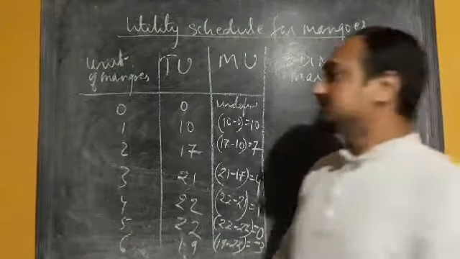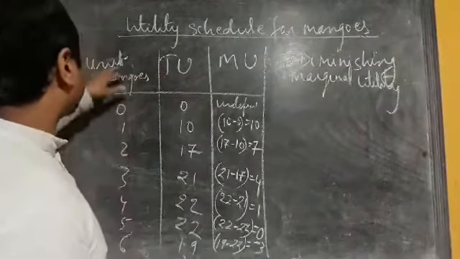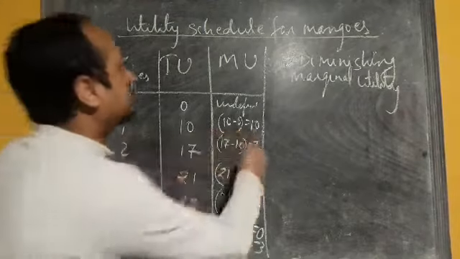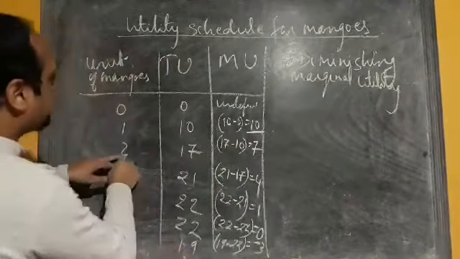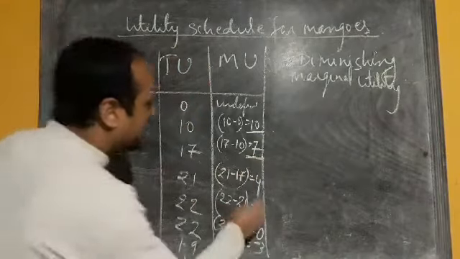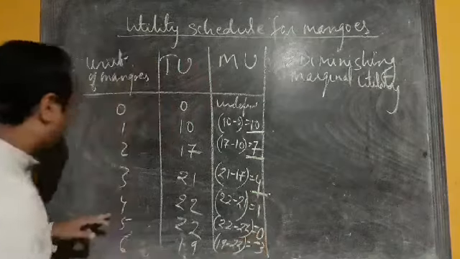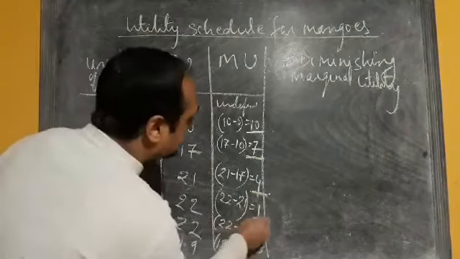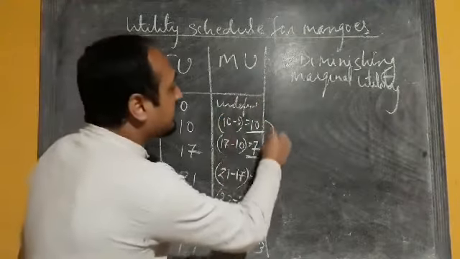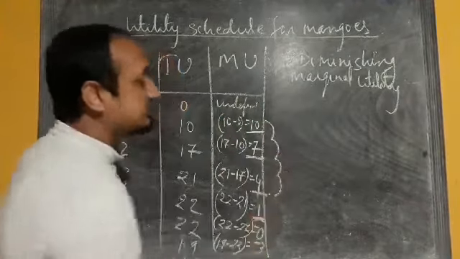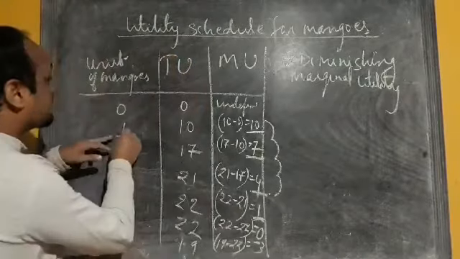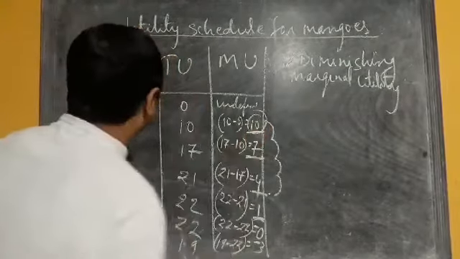Like, suppose when you are consuming the first unit of mangoes, the marginal utility is 10. When we consume the second, the marginal utility is 7. When we are consuming the third, marginal utility is 4, and when we are consuming the fourth unit, marginal utility is 1. So we can see that the marginal utility goes on decreasing when we consume more and more units of commodity. When we are consuming the first one, we have maximum marginal utility.